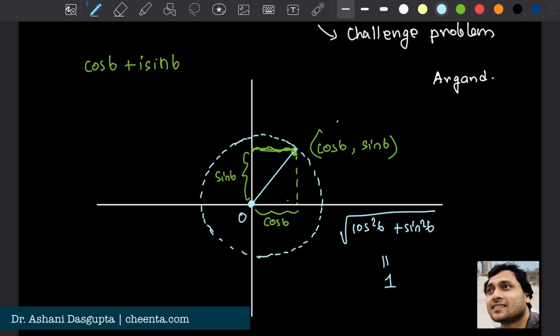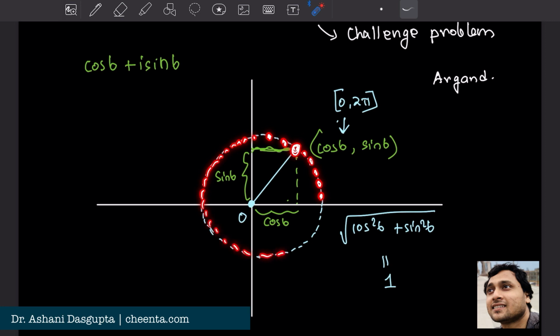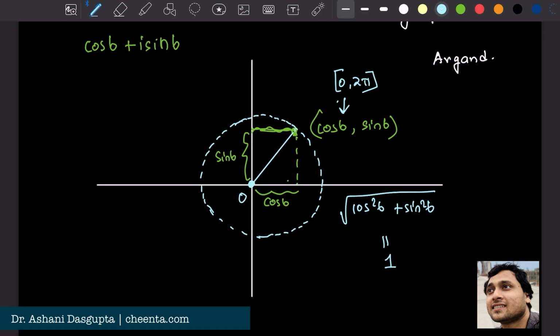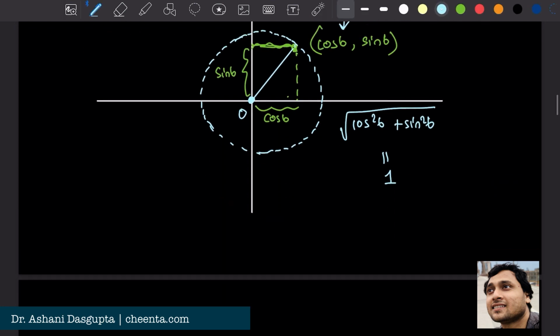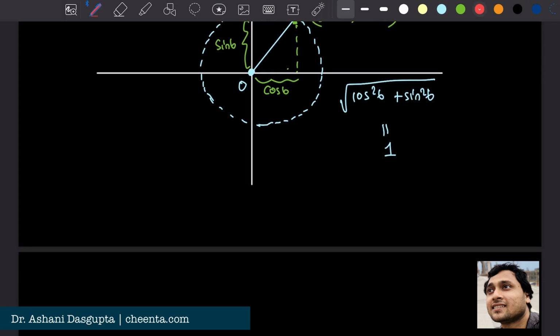In fact, if you change the value of b from 0 to 2 pi, you will get all the points on the circumference of this unit circle. What happens if I multiply this with e to the power a?